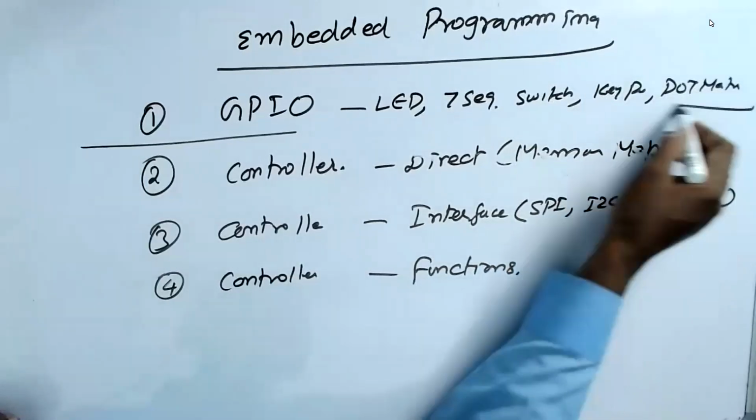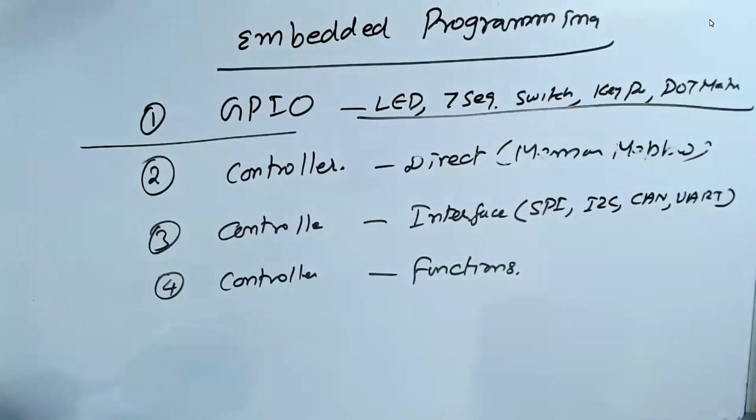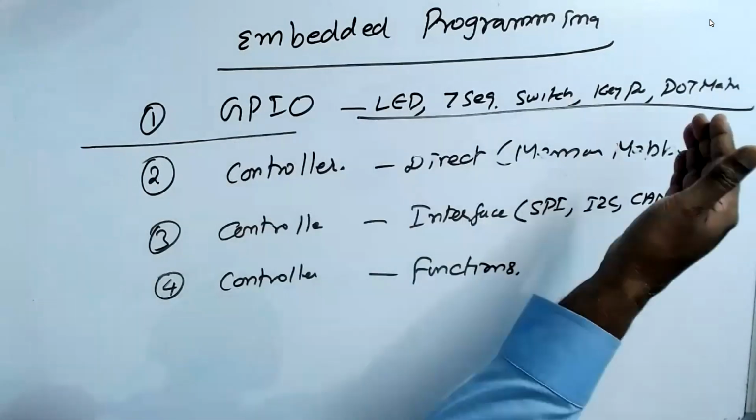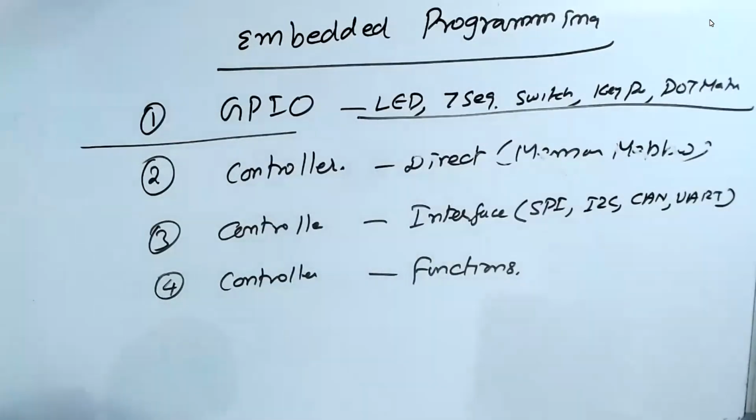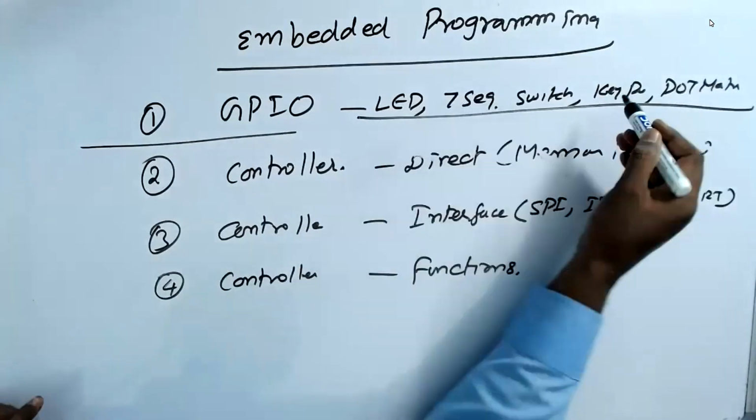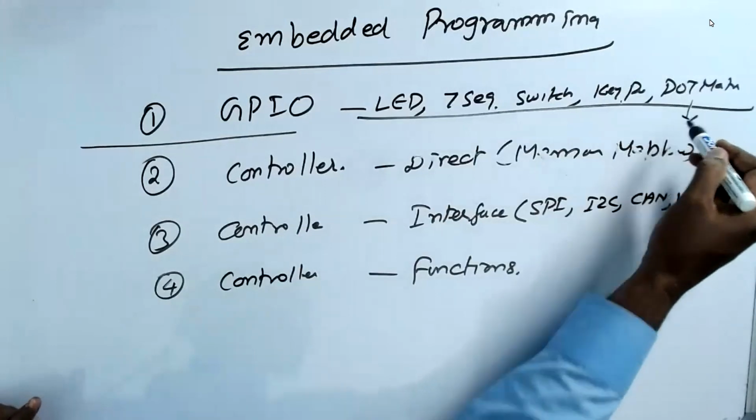If you do this exercise, you will get a good idea. If you do these 5 components, they'll be very good. A lot of people are doing it now. Slowly, a lot of people moved to the 7-segment and the keypad. Now they've started doing dot matrix, and they're doing quite well.